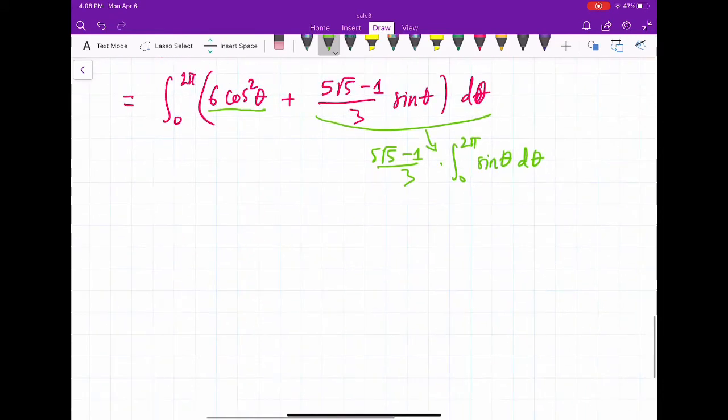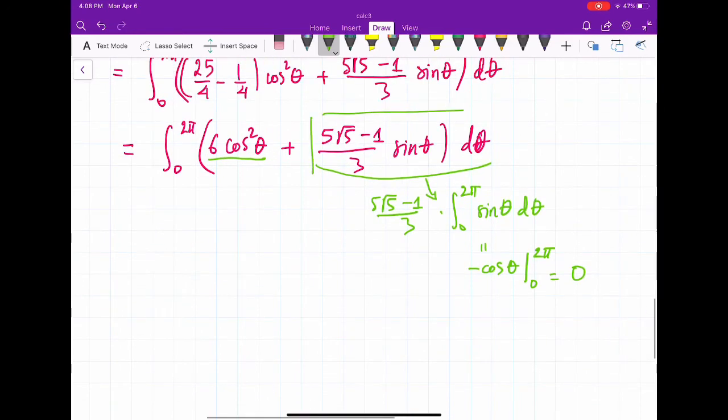The antiderivative of sine is negative cosine. You have negative cosine of theta evaluated from 0 to 2 pi. So this will give you 0, because cosine 0 and cosine 2 pi are equal. So we don't need to worry about this one because it is already 0.